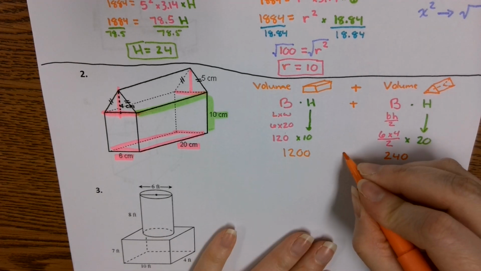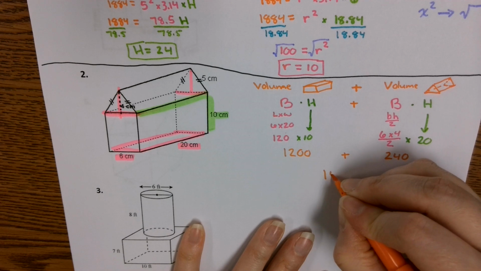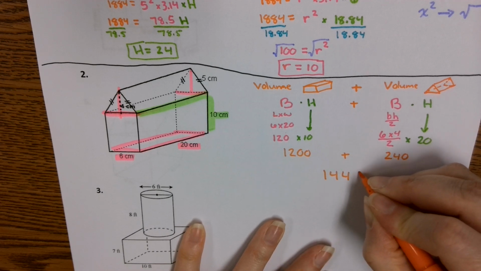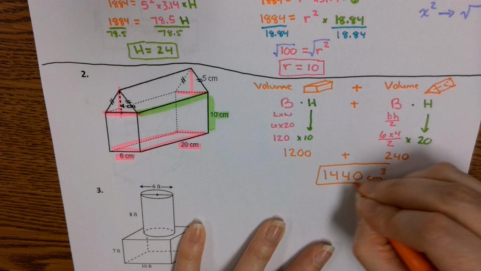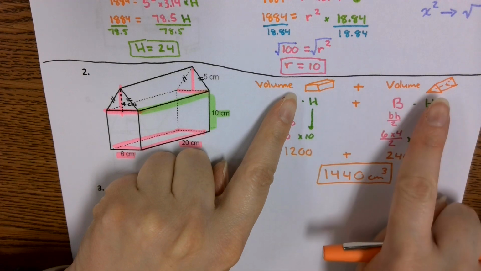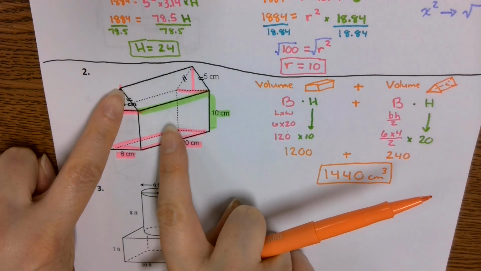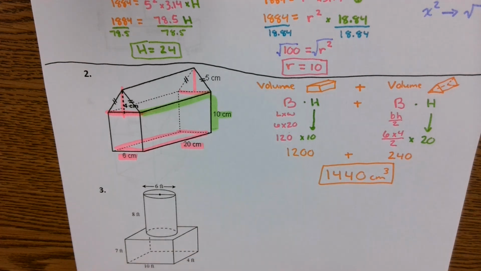And then all you have to do is add those two measurements together. So our final volume is 1,440 centimeters cubed. So again, all you are doing is finding the volume of each of the individual prisms, and then in this case, you're going to add those volumes together.